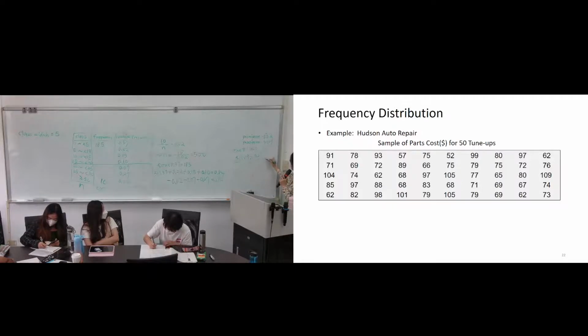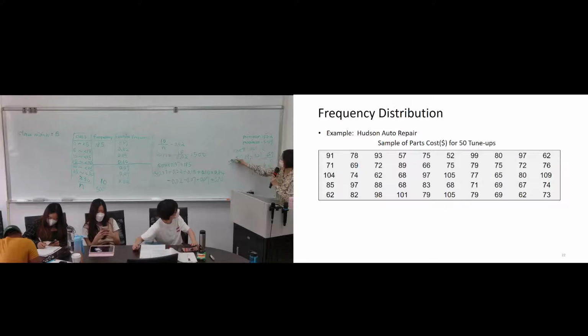That's about 57 over 6. It is almost 9.5, and then we round it up to an integer, which is 10. So that's how we find the class width. If we are faced with a question like that in an exam, we need to use this formula to find the class width.